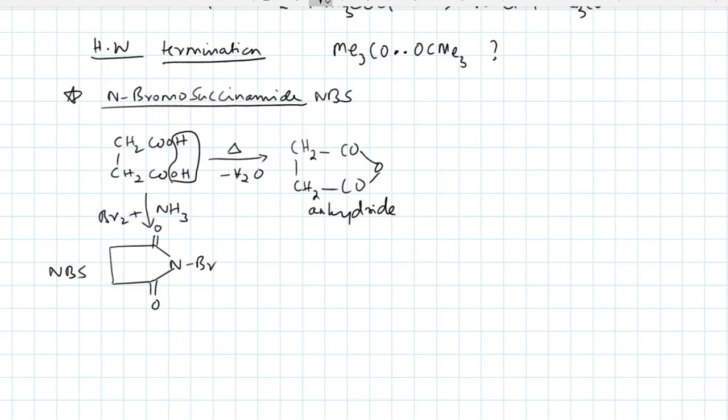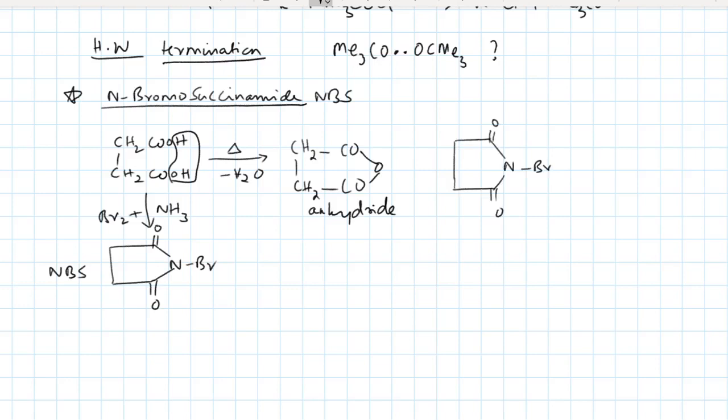Now let's see the mechanism of this NBS. I'll draw it here again. So you have N-bromosuccinamide with double bond CO, CH2, NBr.